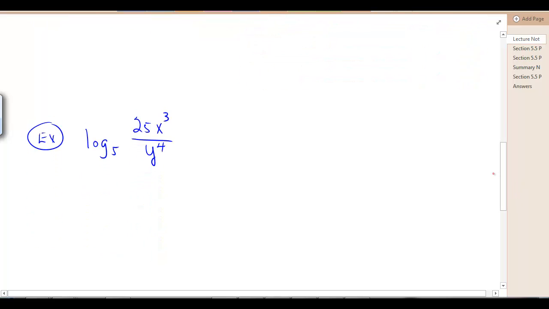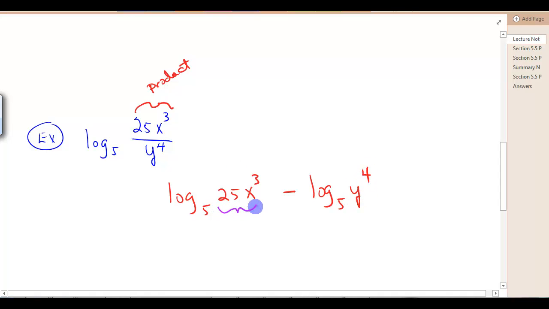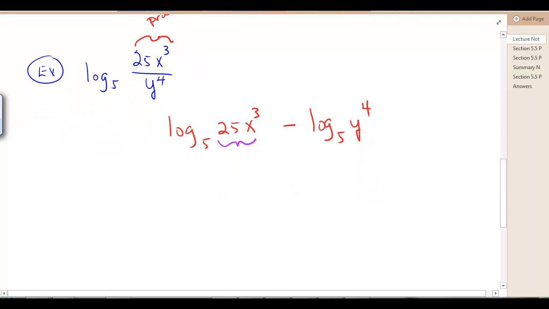All right, on this one, we should recognize that we have a quotient, but up here, we also have a product. When you do this, you want to do the quotient thing first, which is subtraction. Log base 5 of 25x cubed minus log base 5 of y to the 4th. And then we're going to take care of this product.